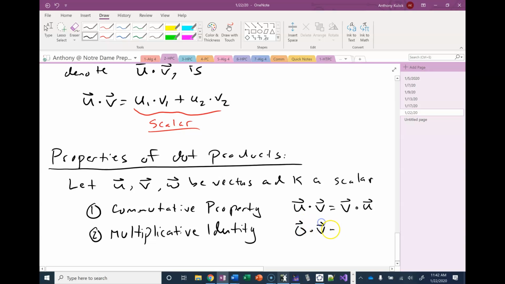So if I take the dot product of any vector with 0, what do I get back? I get 0. Notice not the 0 vector I'm getting back. I'm getting back the number 0.